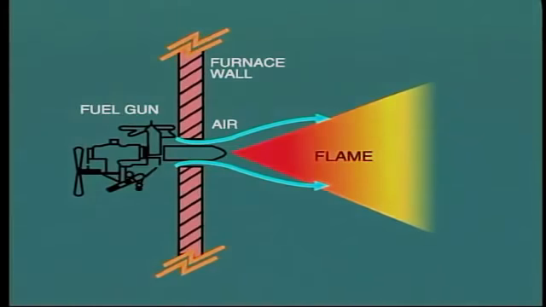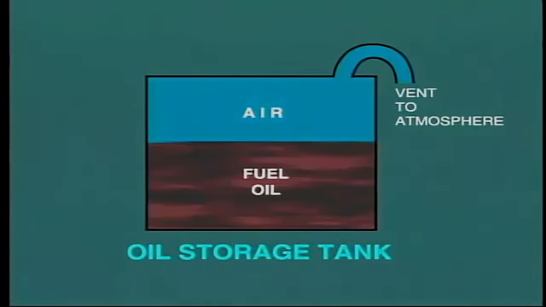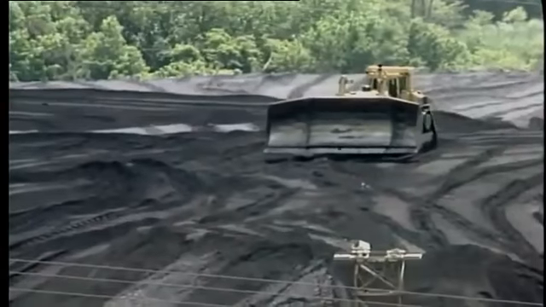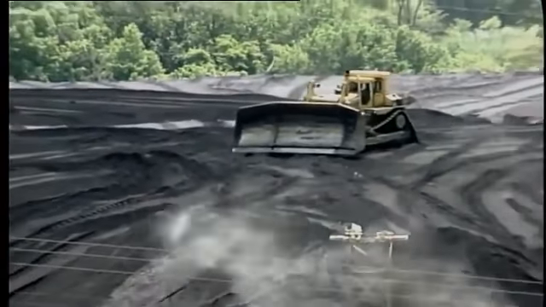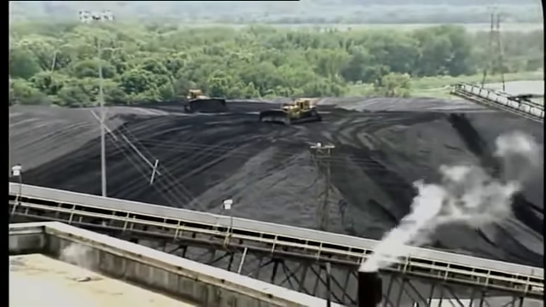ignition temperature. For example, a fuel oil storage tank is vented to atmosphere. Air and fuel are in contact over a wide area, but combustion does not take place, thankfully. Similarly, coal is transported and stored with exposure to atmosphere, but it is rare that self-ignition occurs.